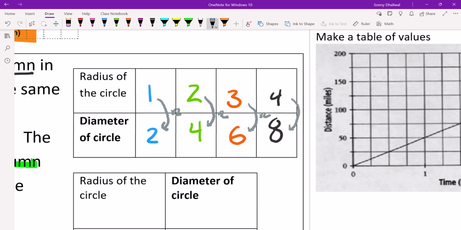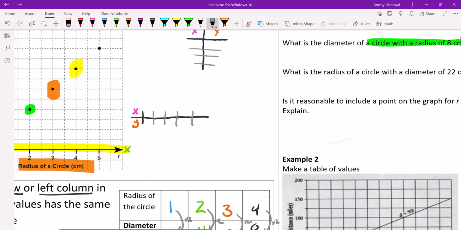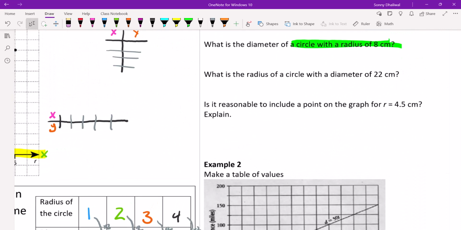So if I ask you for a value that you can't read off the graph, but you know the relationship, you can still figure it out. So we're saying, hey, it's double, so our diameter is going to be 8 times 2. It's going to be 16 centimeters.